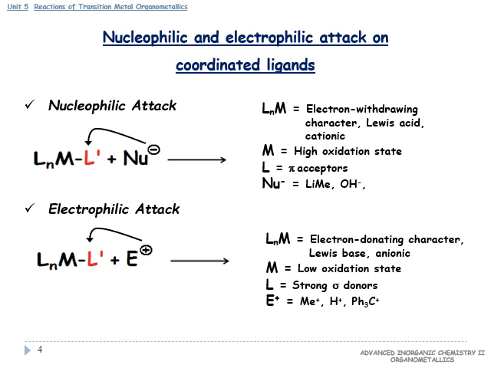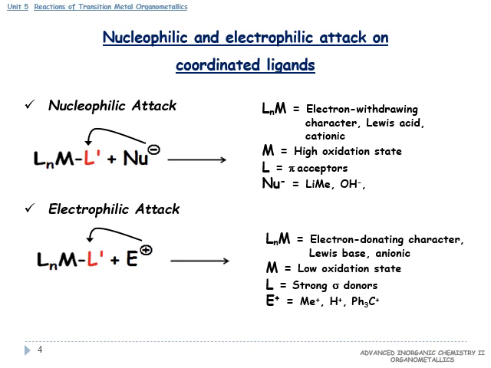The nucleophilic attack is favored when the metal fragment has an electron withdrawing character. It is a poor pi base but a good sigma acid, with the metal in a high oxidation state.